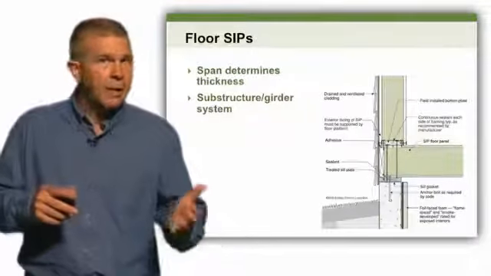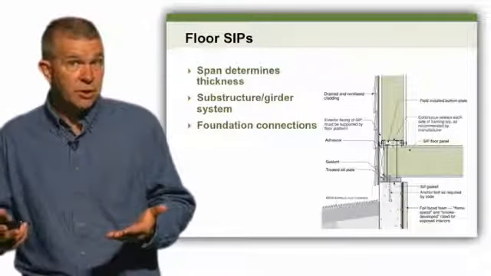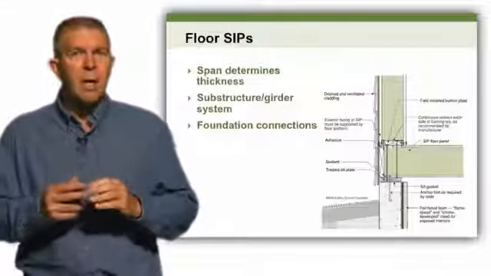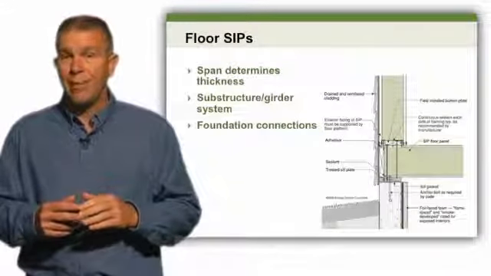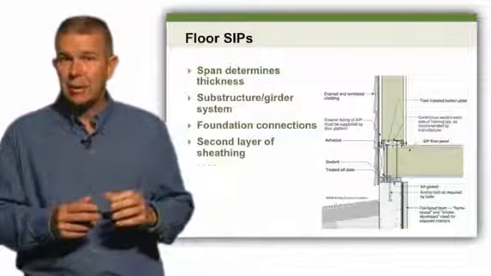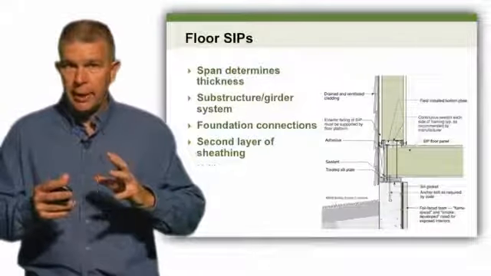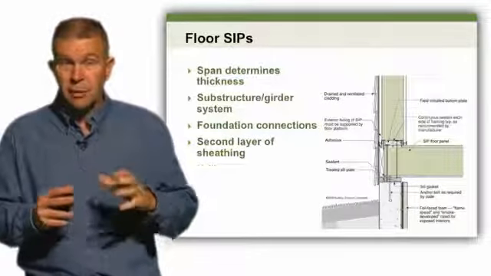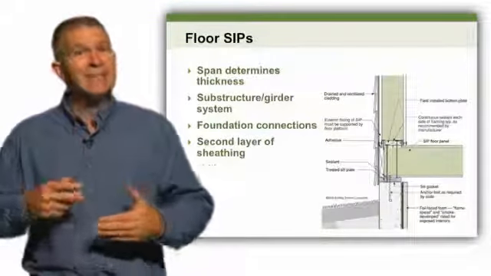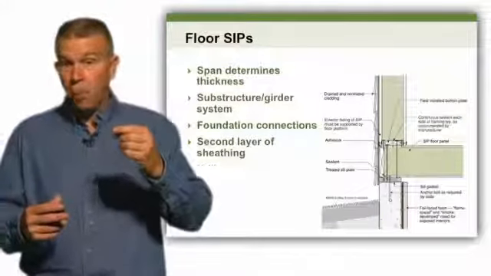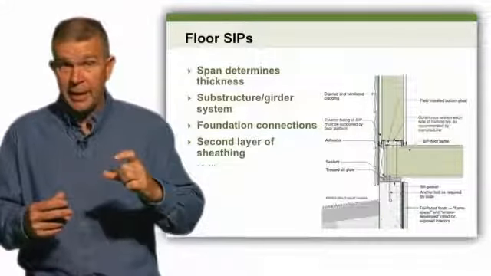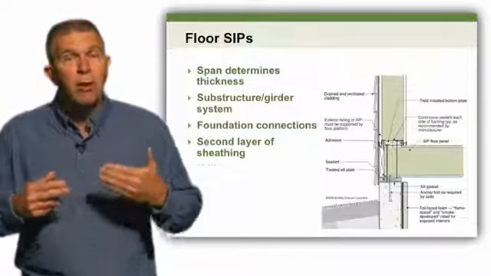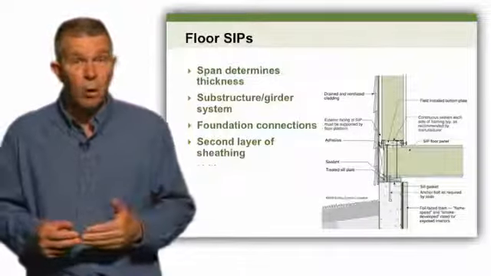We need to know how we're going to connect those floor systems to the foundation system. And here's a real important key, is that we have the need or the requirement to incorporate, in a lot of cases, a second layer of sheathing or substrate on top of the SIP, so that the point load resistance or capacity of the oriented strand board skin is not exceeded, because if we have a point load such as a high heel or something of that nature, or a stool leg, it can deform or depress into the OSB and overcome the point load resistance of oriented strand board.